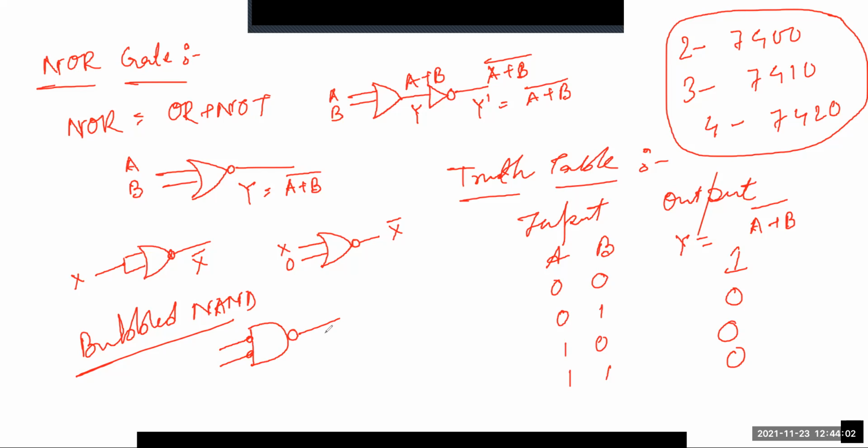Actually, bubble NAND gate means it is equivalent to an OR gate. How is it equivalent to an OR gate? Here A and here B, and at the end we are getting A bar, B bar, whole bar. So it is A plus B.